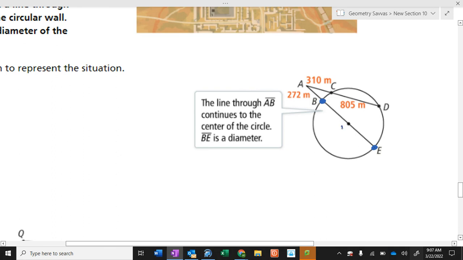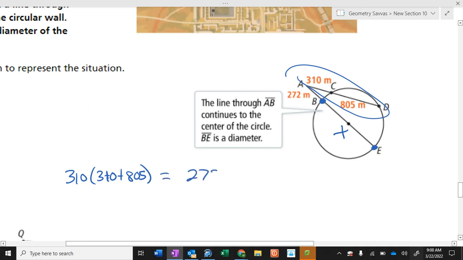Well, what we don't know is this here. So you take the outside 310 times the whole thing here, 310 plus 805. Okay, outside times the whole thing should equal the outside 272 times the whole thing, 272 plus x.